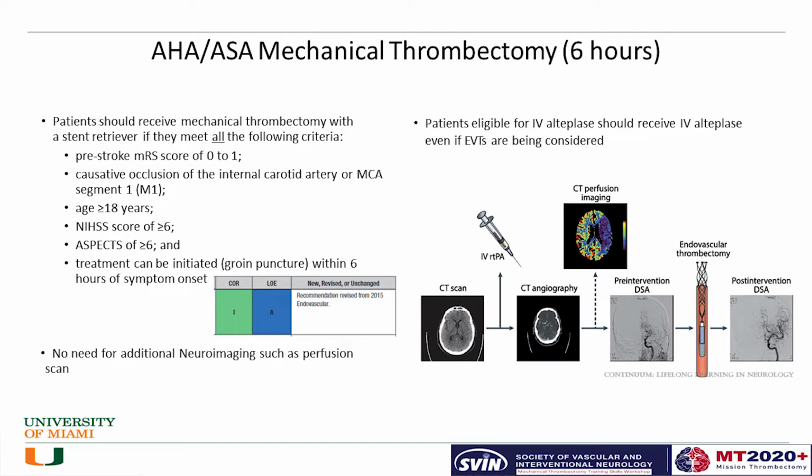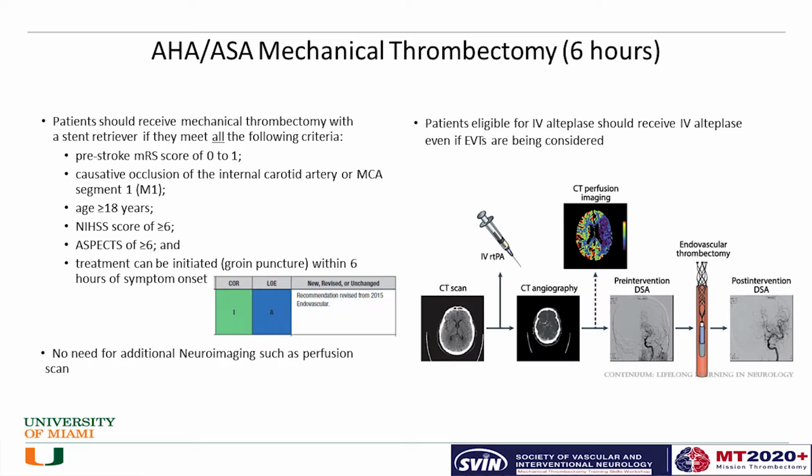There is a causative lesion that you can identify, such as an M1. The age greater than 16. They have a high NIH stroke scale greater than 6. The aspect score, which I'll tell you about in a minute, on CT scan is better than 6. And you can get into that vessel within 6 hours of last time seen well.